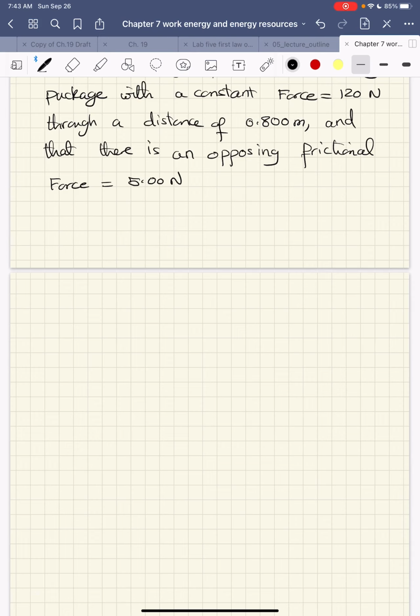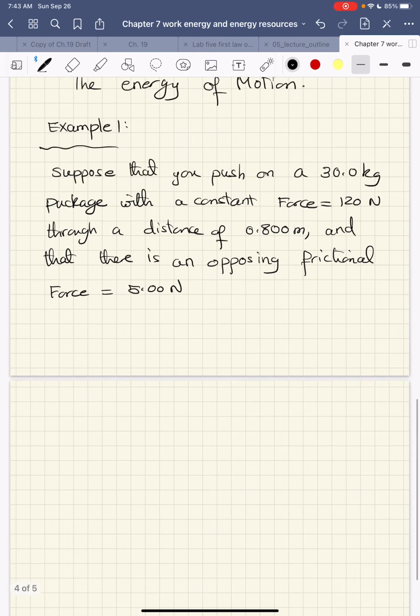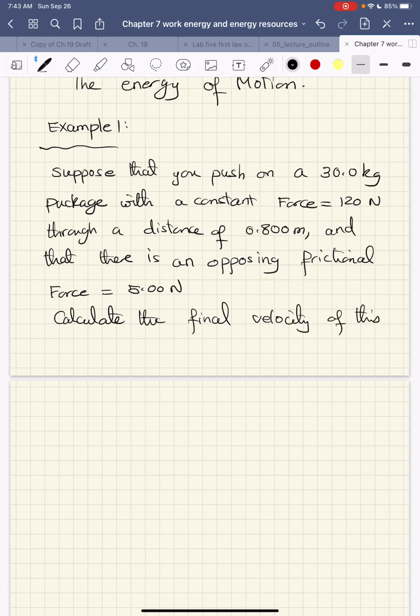We can use this example to calculate the final velocity of this package if it starts from 0.